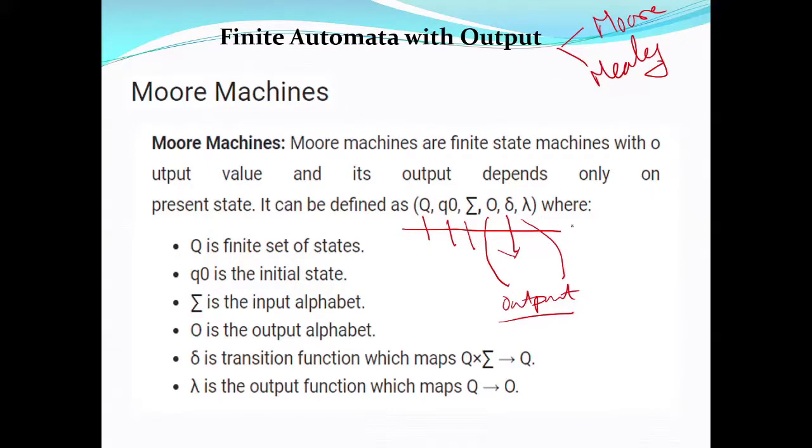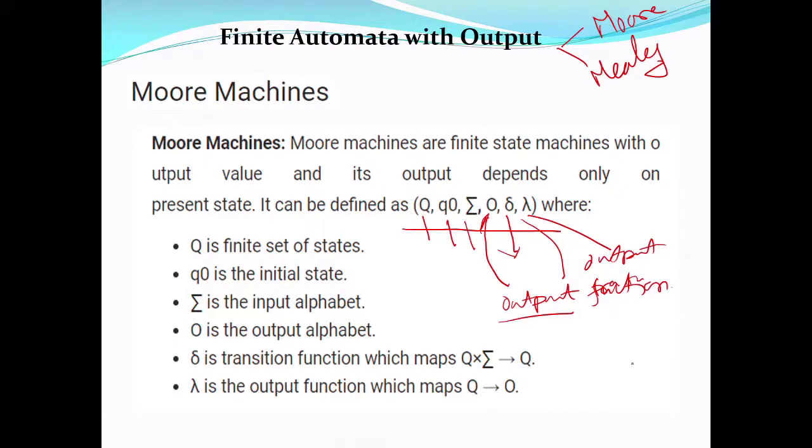The set of final states is not available because whatever input string it takes, it will produce an output. So there will be no final state to observe. Then we have the output alphabet and the output function. I simply say output function, not transition. So what is the output that we are going to get?